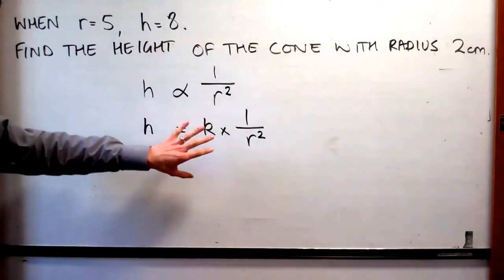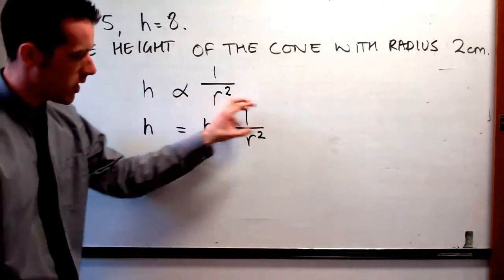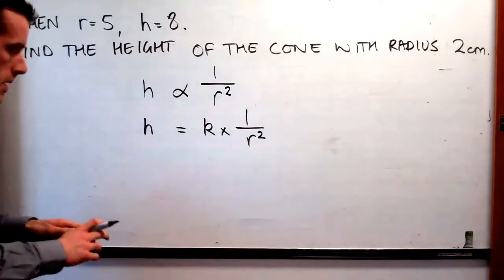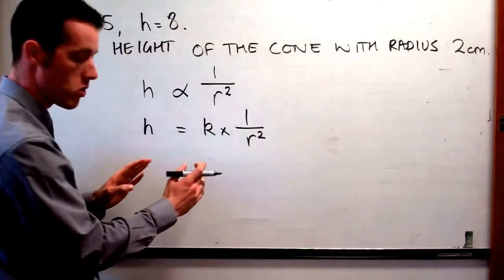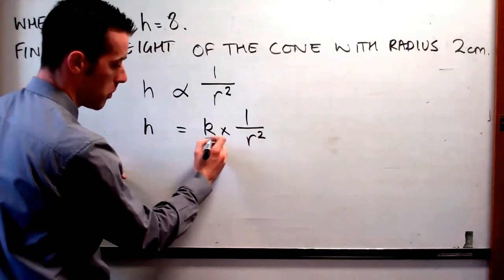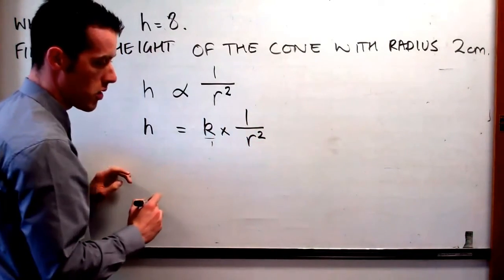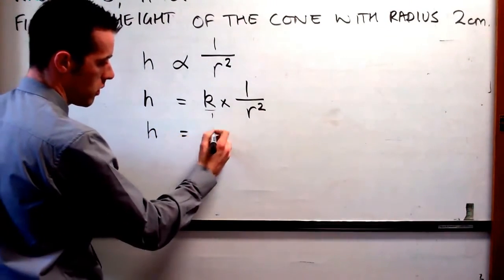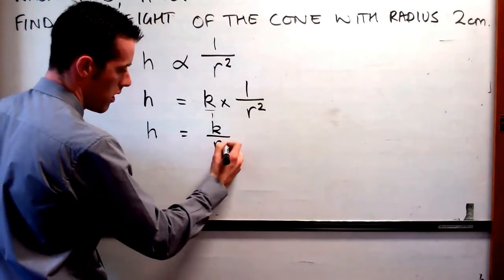Now, that's technically what we're going to do, but we can make that a little bit more simple by just multiplying these two fractions together. So remember, if we're multiplying k over 1 times 1 over r squared, then we're going to end up with h equals k over r squared.